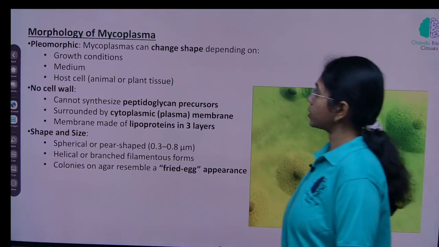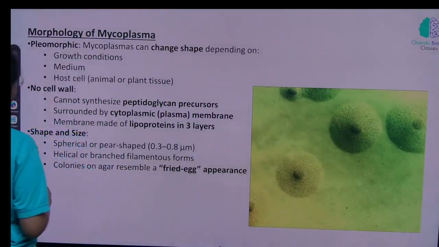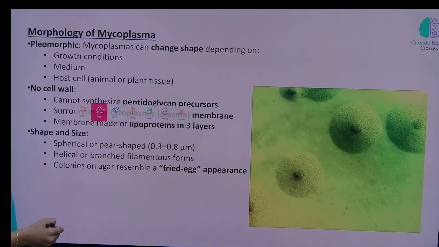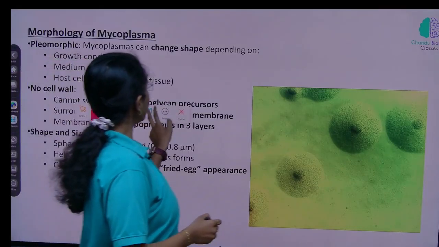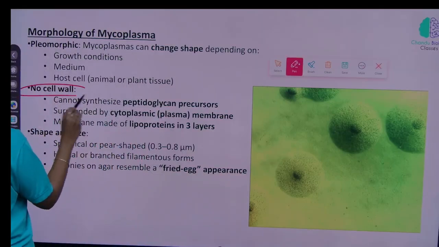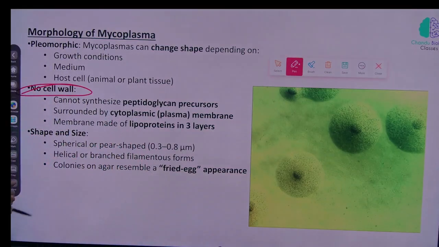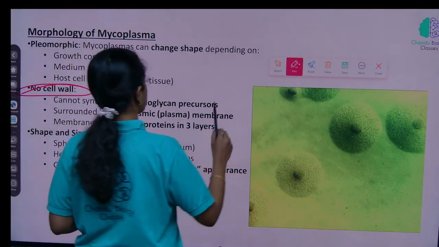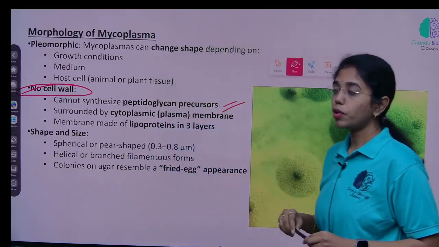Morphology of Mycoplasma. They are pleomorphic. Mycoplasmas can change their shape depending on growth conditions, medium and host cell. There is no cell wall for Mycoplasma. They do not synthesize peptidoglycan precursors.